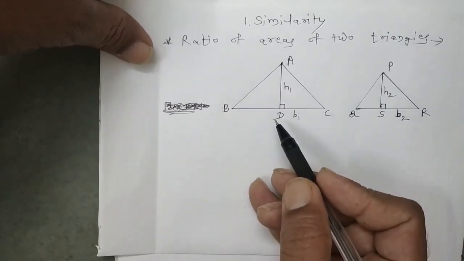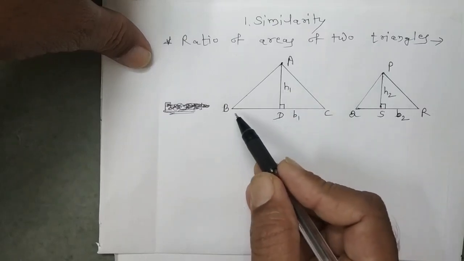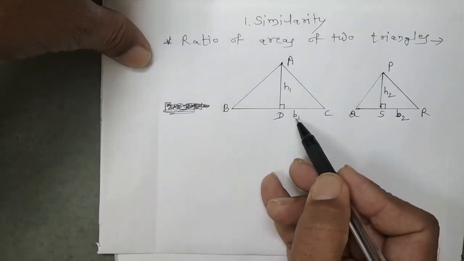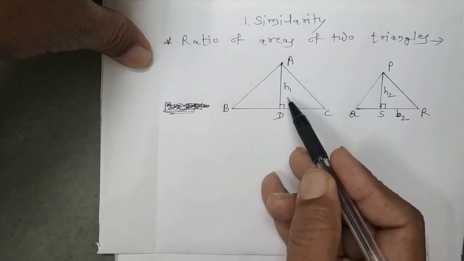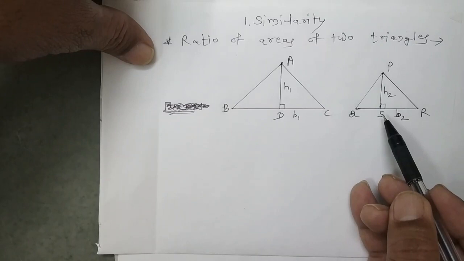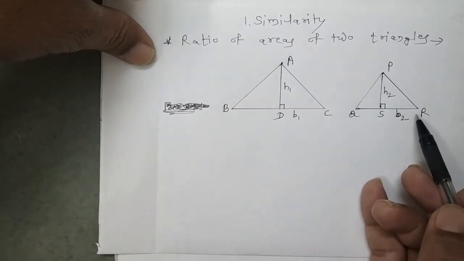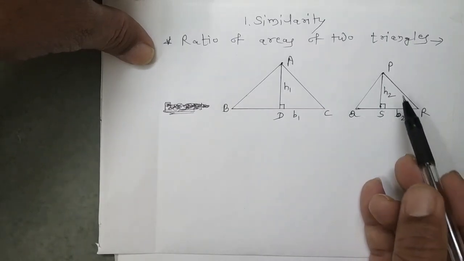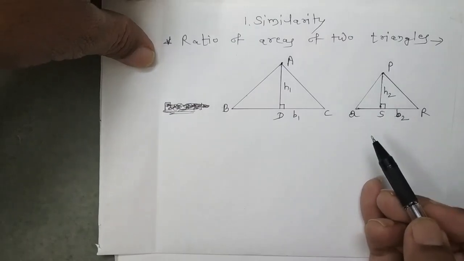Now in triangle ABC, base BC is B1 and height is H1, and we consider for the second triangle PQR, base B2 and height H2.